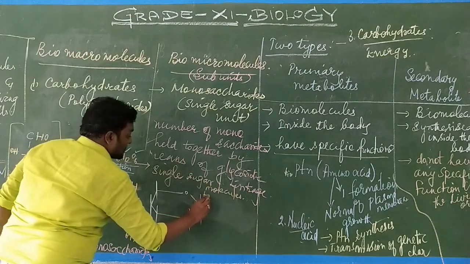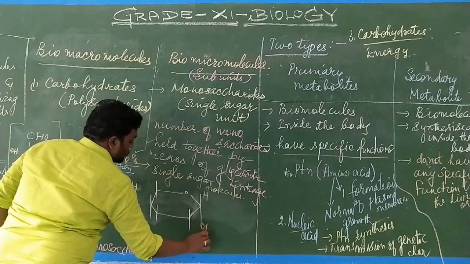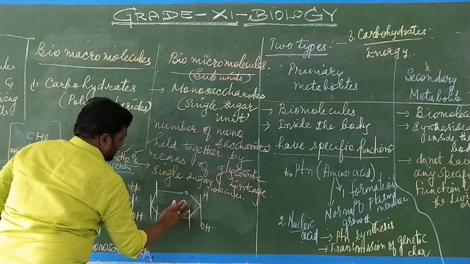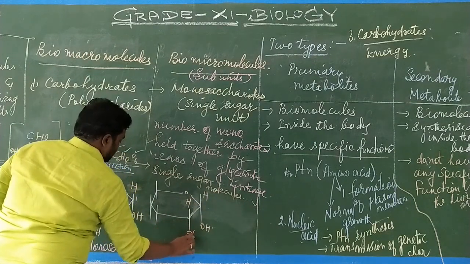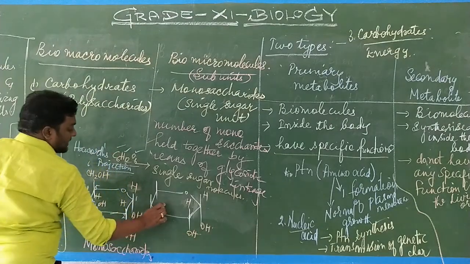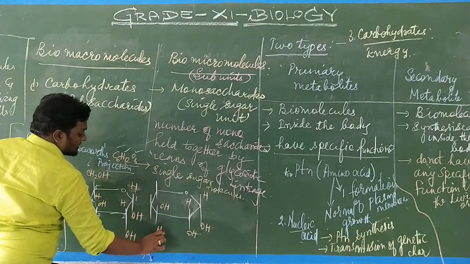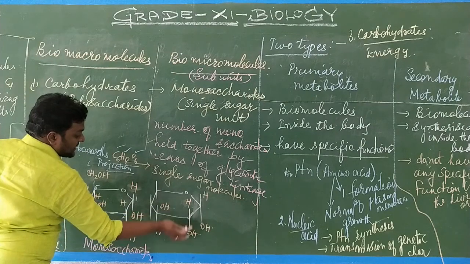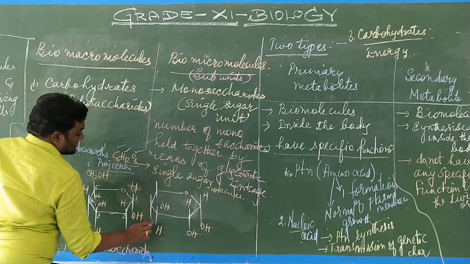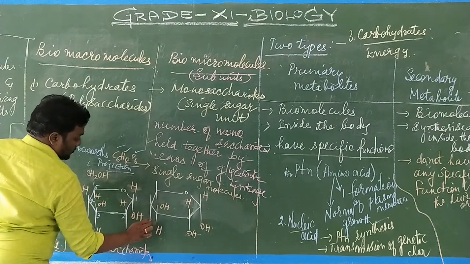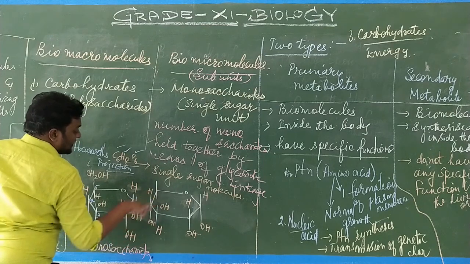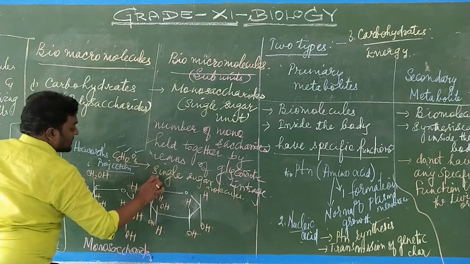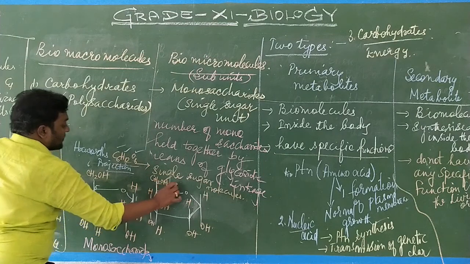First position H, second position OH. So here it becomes H, here OH. Similarly here OH, here H. Opposite vice versa: H, OH, OH, H. Next, what should happen? OH should come here. So here it becomes H, similarly here H, and here CH2OH.